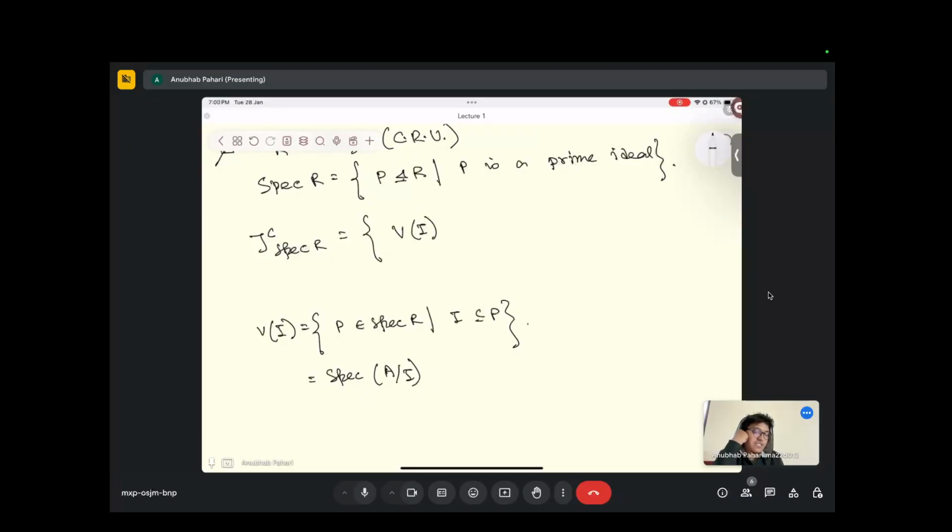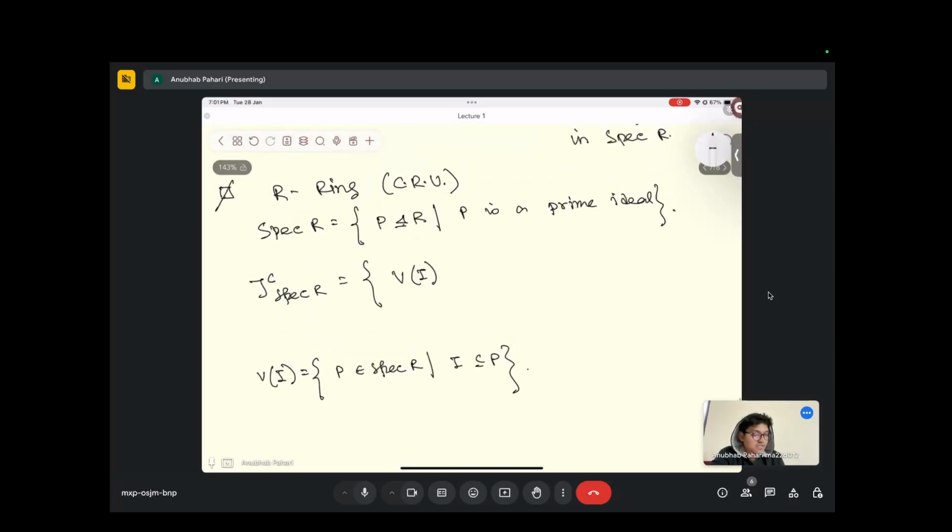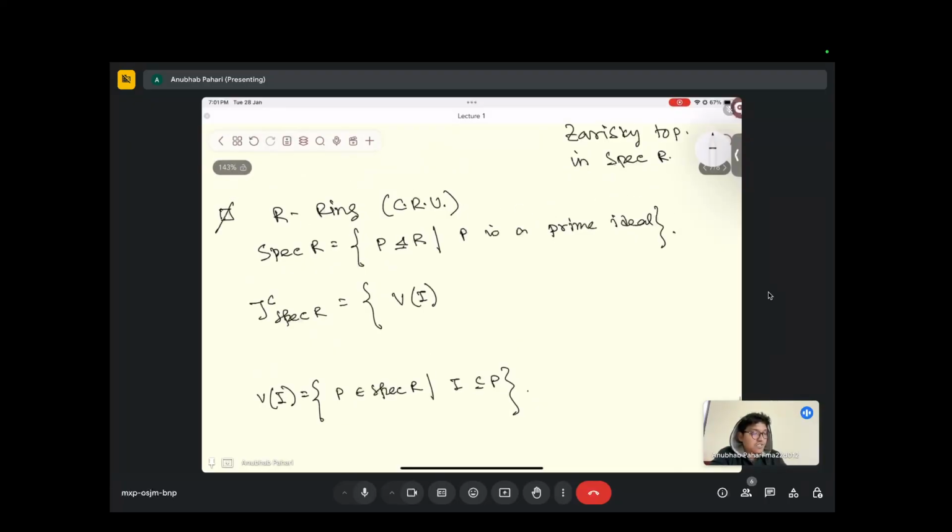So it turns out that it is also true for the prime ideal correspondence, that is, prime ideals containing I are the same as the prime ideals of A by I. But we can see this later. Anyway, these are the sets where your I's are any ideal from R.